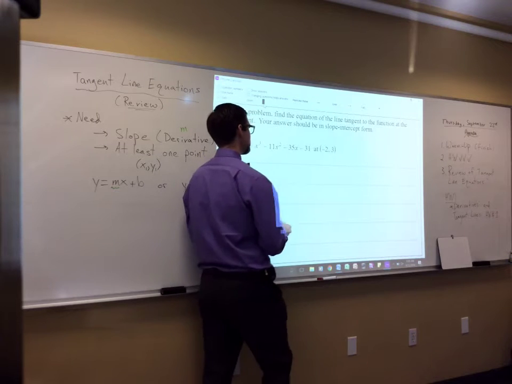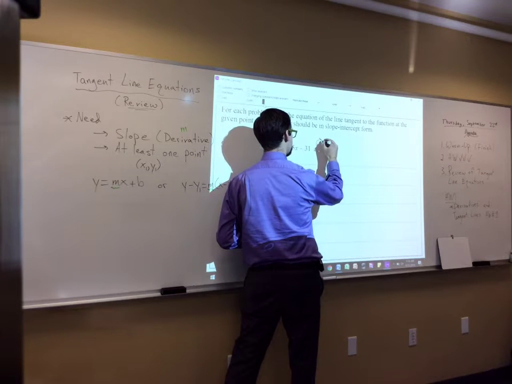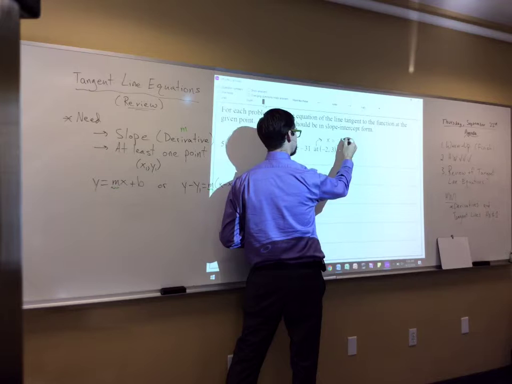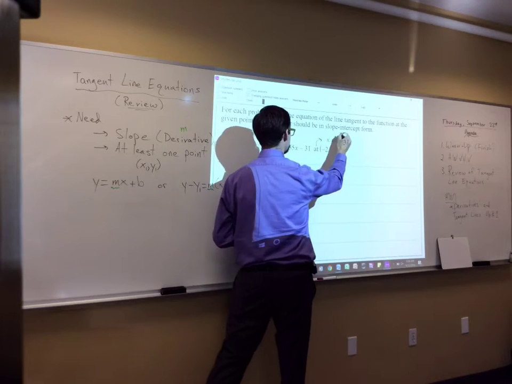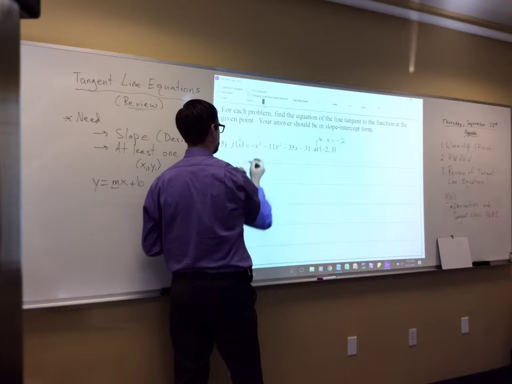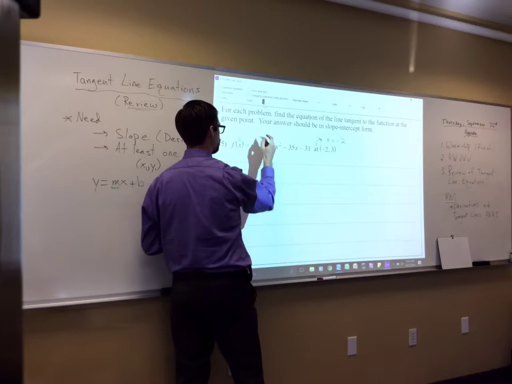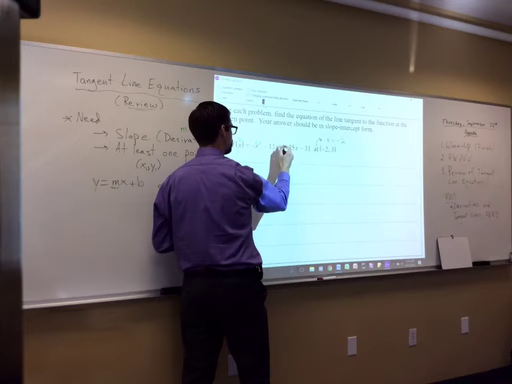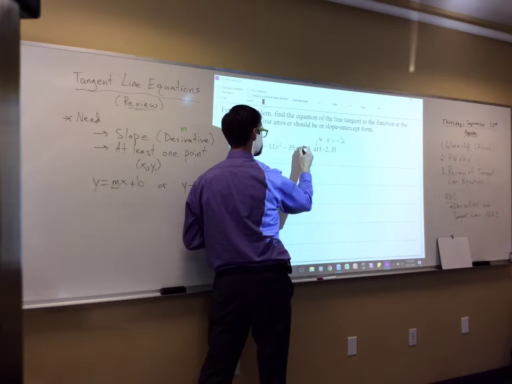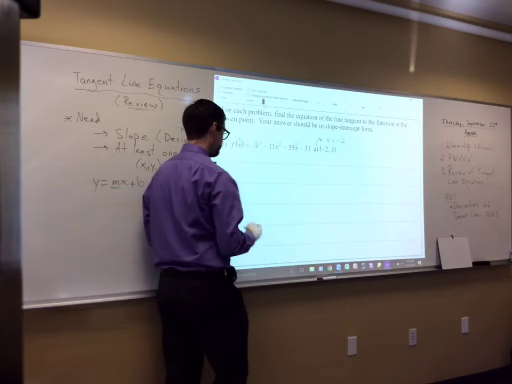If I was just given, let's say, at x equals negative 2, well, I would have had to take that negative 2 and plug it in my function, which would then put it into every x value, with parentheses, of course, to be careful with the sign.